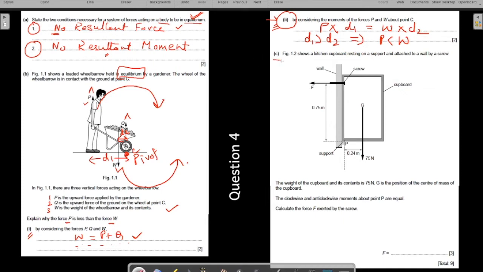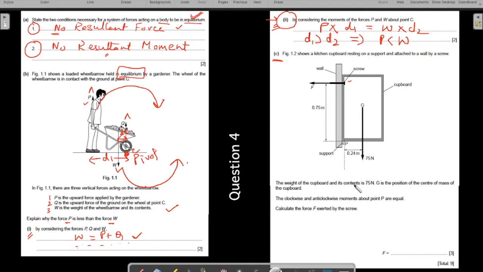Let us come to question number C. The figure here shows a kitchen cupboard resting on a support attached to a wall by a screw. So there is a screw. Where is the kitchen cabinet? This is your wall. Try to understand the question. This is your wall. This is your kitchen cupboard.